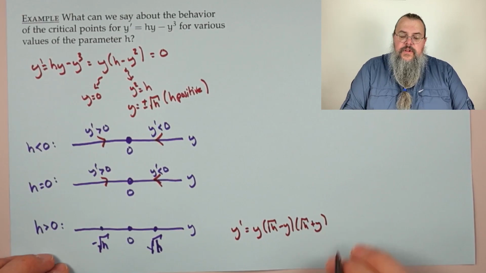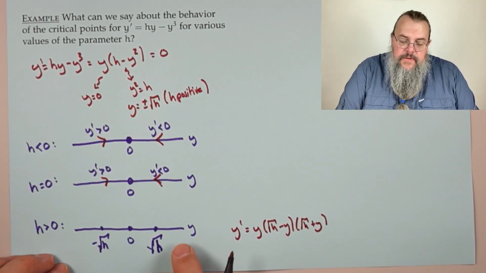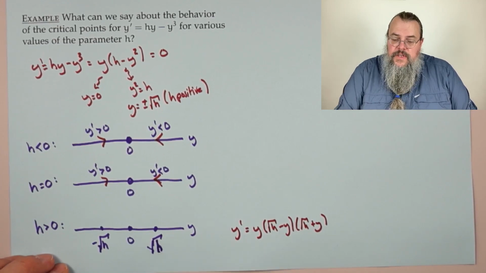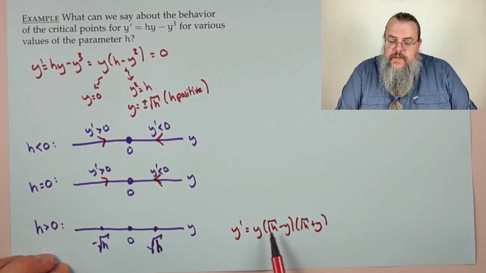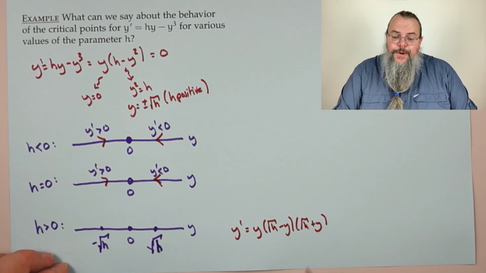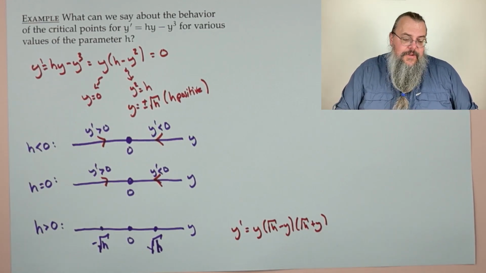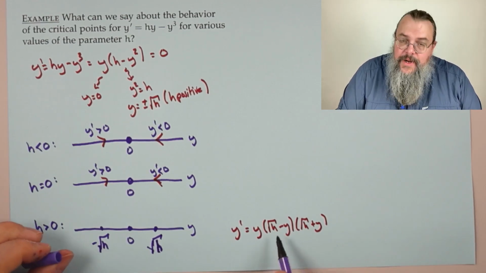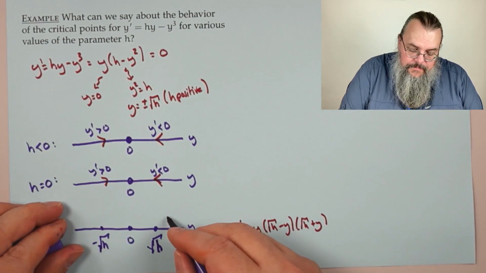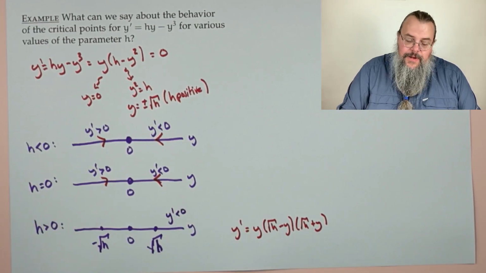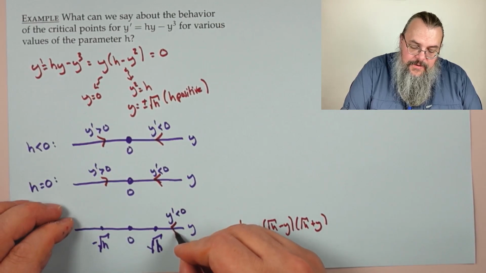All right, so now imagine you have a huge number, much bigger than square root of h. Well, we'll have a positive, a negative, and a positive. When we multiply all those together, we see, aha, it's a negative, right? Plus, minus, plus. So y prime is negative, which means that we're going to go down.